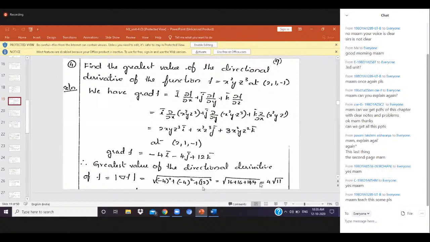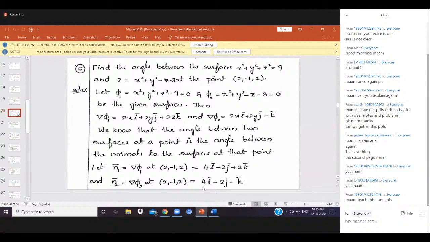This is the greatest value. In this way, we are calculating greatest value. Formula is modulus of del f, gradient of f. So first we need to calculate gradient, then take greatest value as square root of a square plus b square plus c square, where a, b, c are the coefficients of i, j, k respectively. This gives us greatest value.